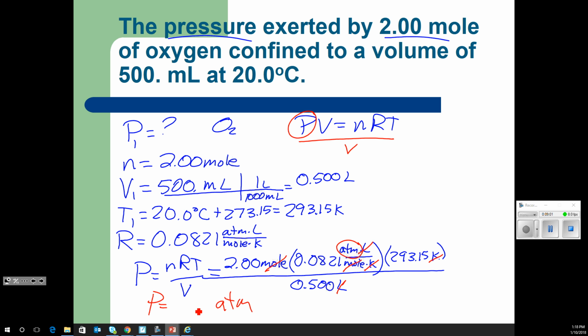Do you not have your packet today? No. You can grab another one. They're in the CE 1110, and then you can just use it.